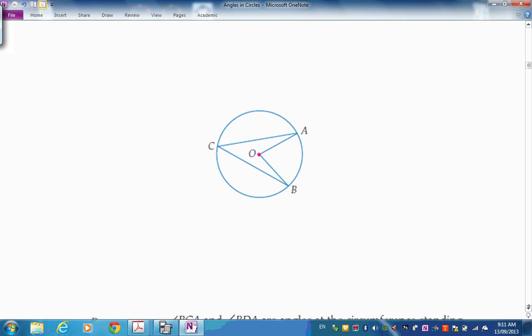Let's go and have a look at some now. We're coming along. It's a little bit boring, I know, but we are learning a new language and getting familiar with circle stuff. So what have we got here? Here's arc AB. So we would say arc AB subtends angle BOA, it's sitting on it, but we could just call it alpha.